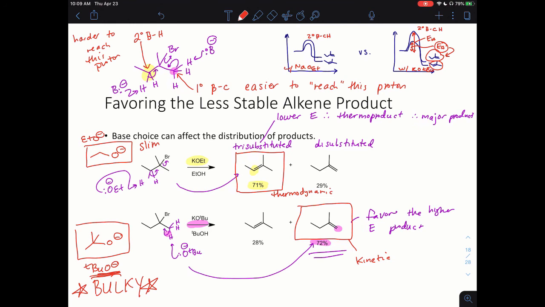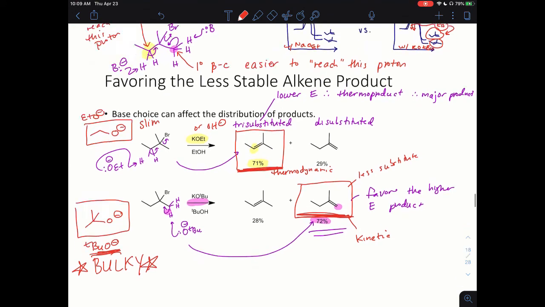So if you're doing an E2 with a small base, so ethoxide or hydroxide, you will favor the thermodynamic product, so the more substituted product. If you use a bulky base like T-butoxide, you can favor the kinetic product, the higher energy, the less substituted alkene, right? The di-substituted one.